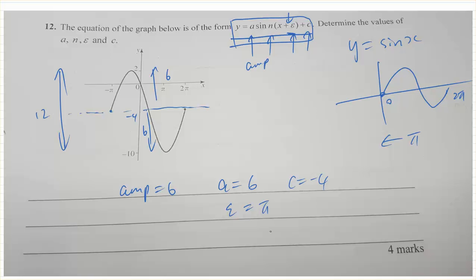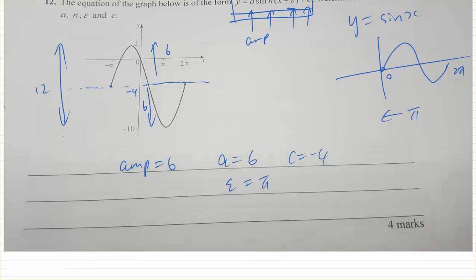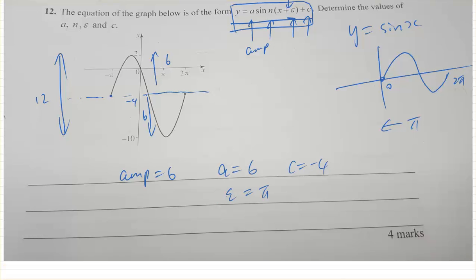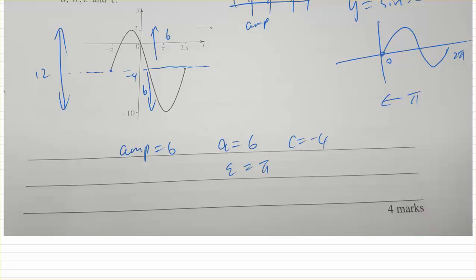And the last thing we need to work out is the period. The period is the value in which the graph repeats. That's one whole cycle. The period for one cycle is from -pi to 2 pi, so overall that length is 3 pi.